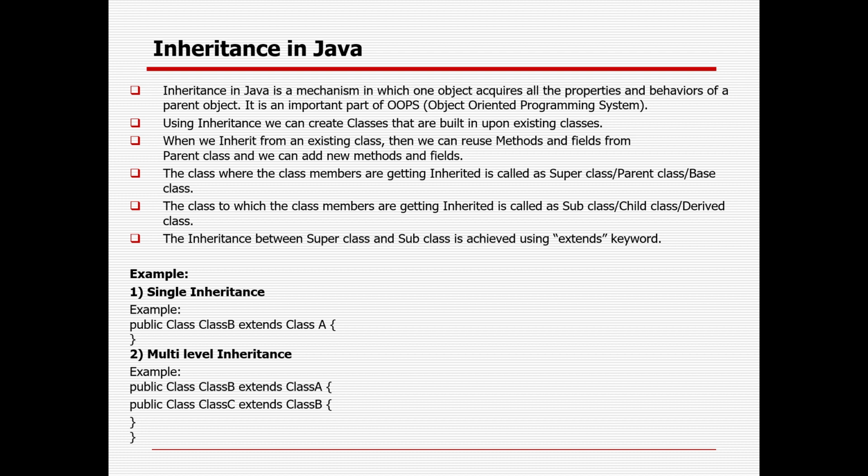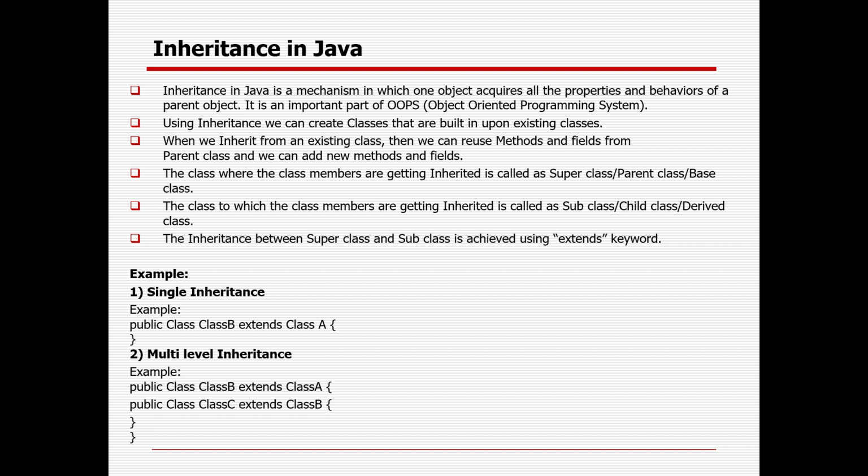When a user inherits from an existing class, we can reuse methods and fields from the parent class, and the user can add new methods and fields as well. The class from which the members are inherited is called the superclass, parent class, or base class. The class to which the members are inherited is called the derived class, child class, or subclass.